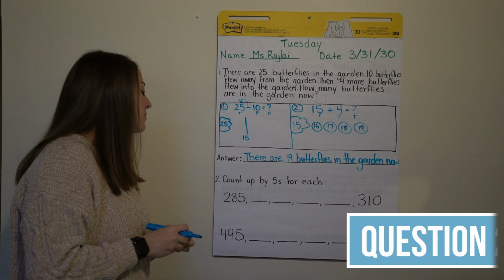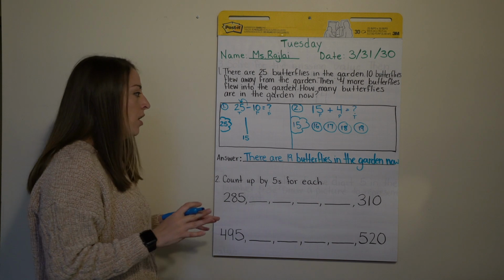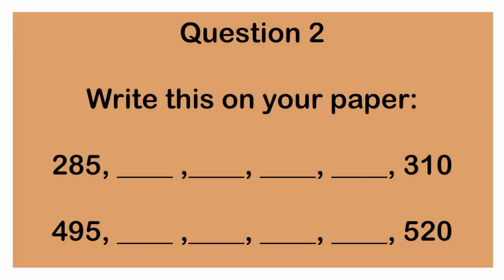I'm going to give you some time to write this out on your paper. And as you're writing, I'm going to read the directions. Count up by 5s for each. So the first number you should write is 285, and you should have 4 blank lines.